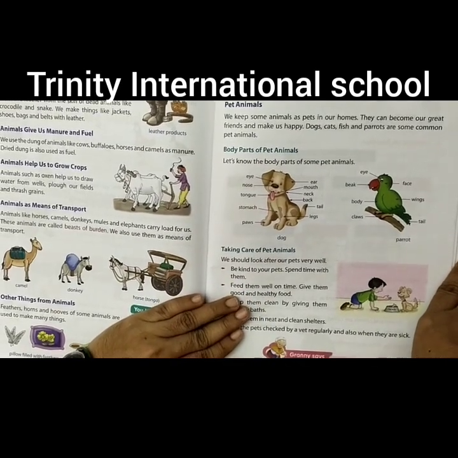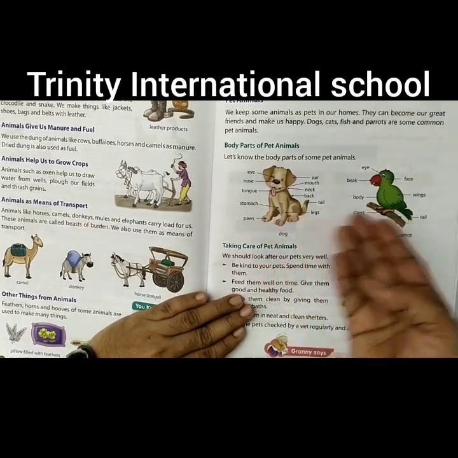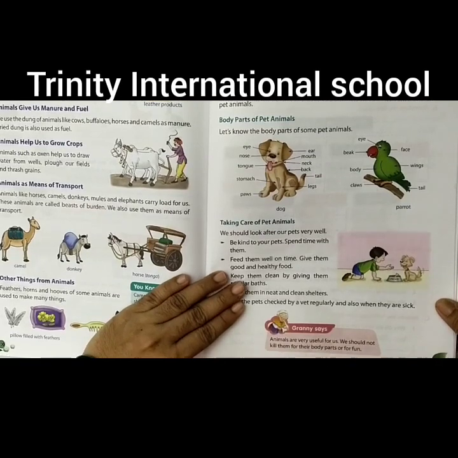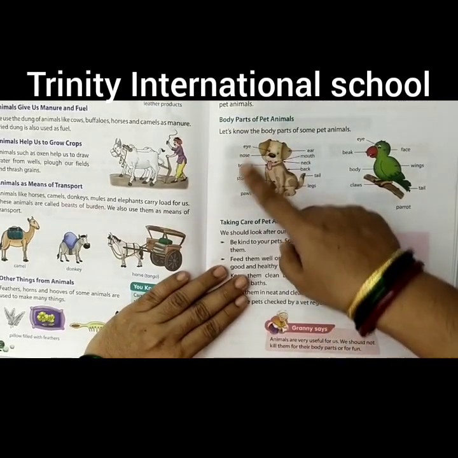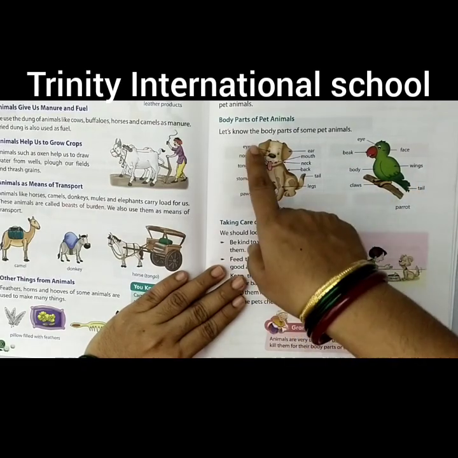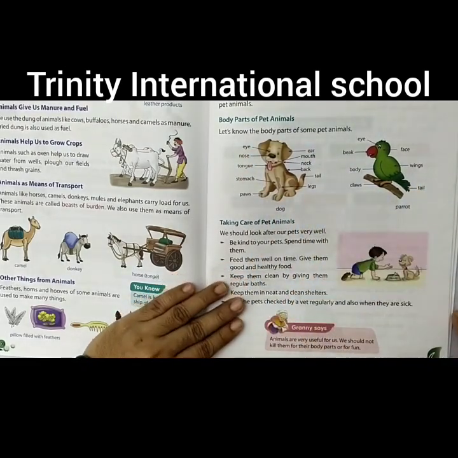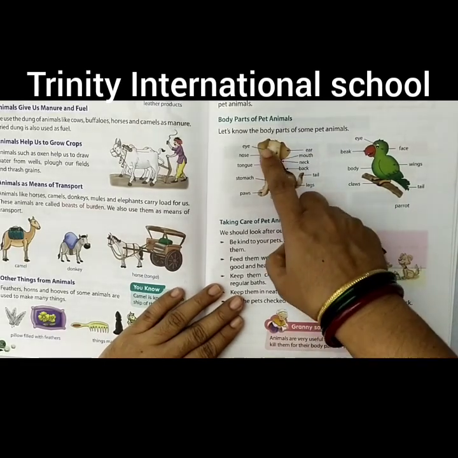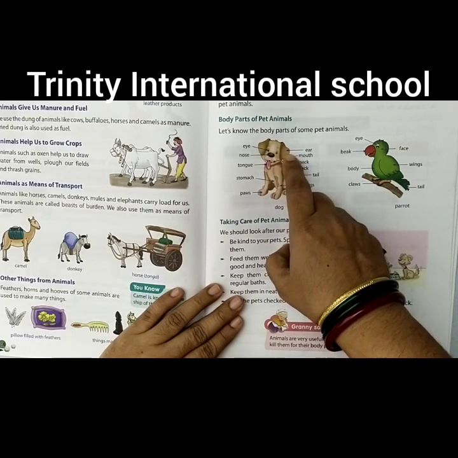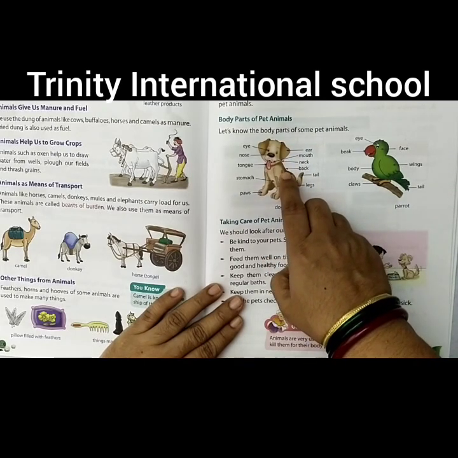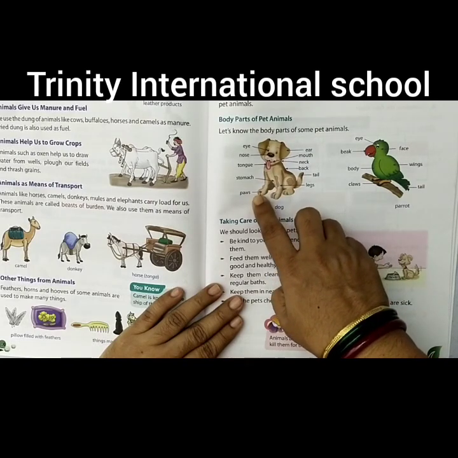Now you can see that these are the 2 pet animals which are usually kept by the people at their house. So you can see the dog and the parrot, you have the different parts that are labeled for you, so you know the parts, isn't it? So the dog has eyes, nose, then ears, tongue, mouth, then neck, back, stomach, paws.